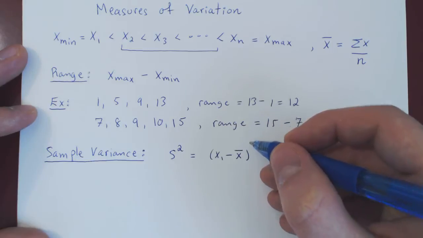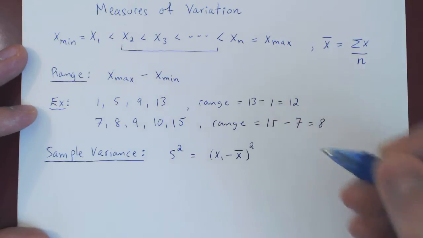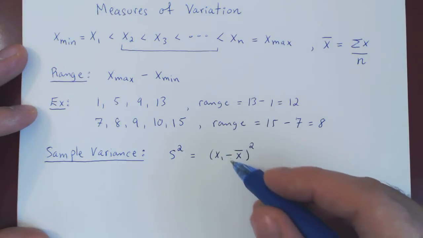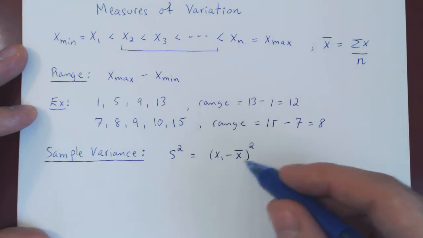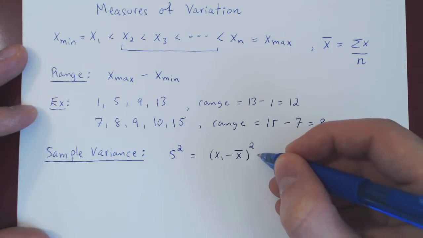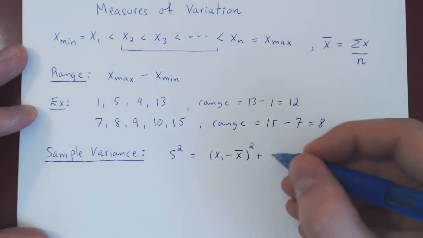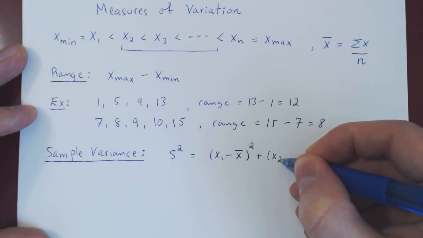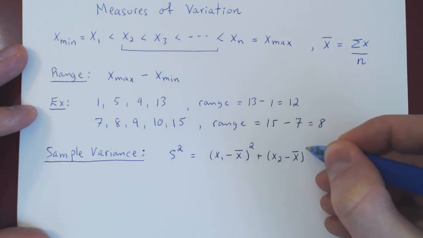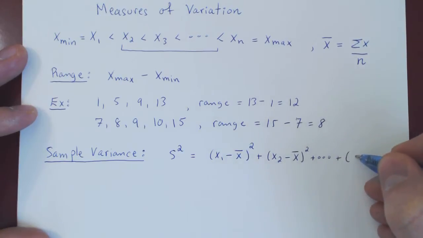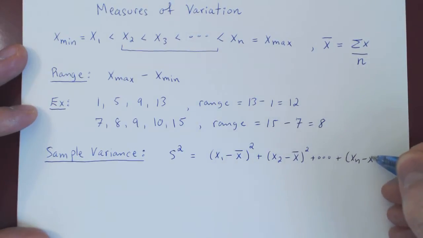A measure of distance is positive, so we simply square this, which will guarantee that in the worst case, this would be 0, or, in most cases, strictly positive. And we do this for all values in our set. So plus, now x2 minus x bar squared, all the way up to our last value, xn minus x bar squared.